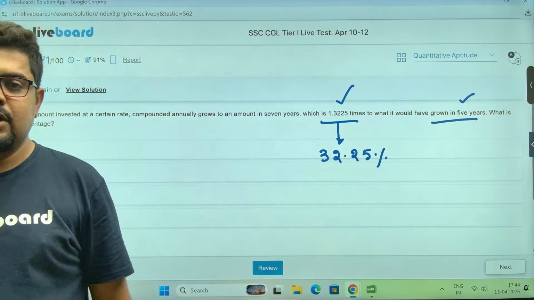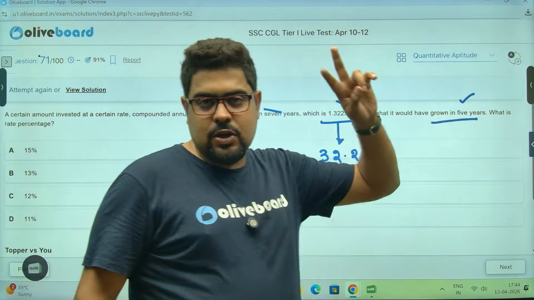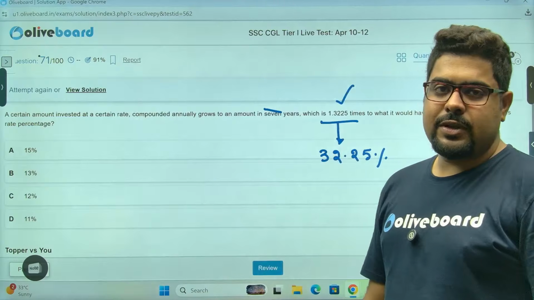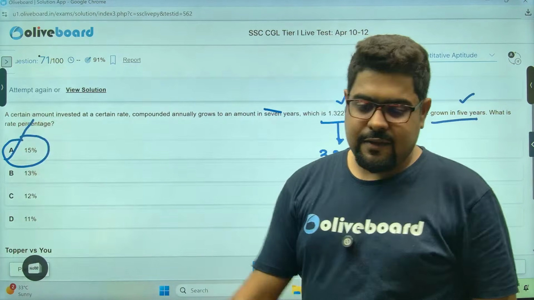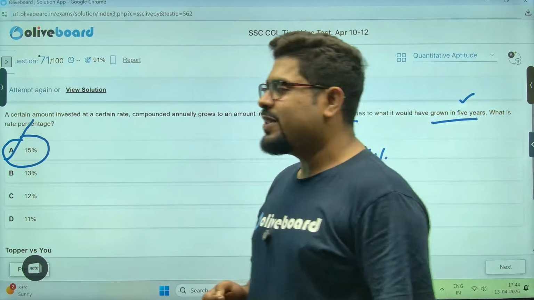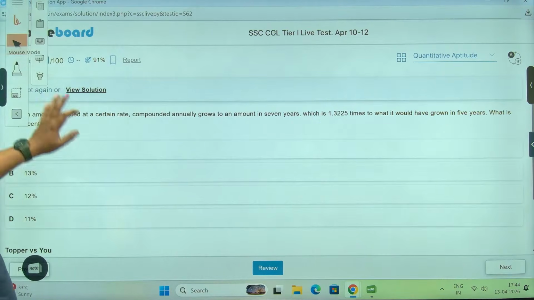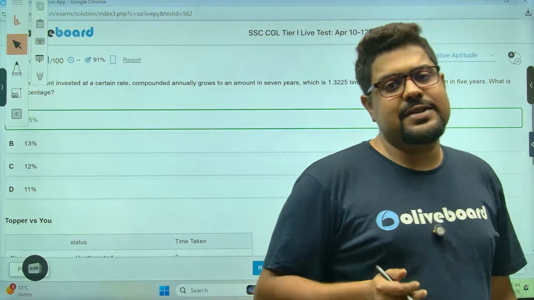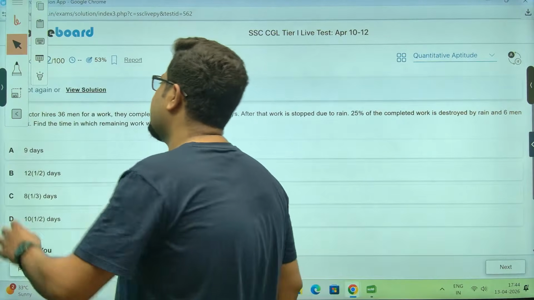Look at the options: which option, for 2 years, gives you 32.25%? Close your eyes and say 15%. 15 plus 15 is 30, plus 15 square, 225 by 100. You don't need pen and paper for this. All you need is a little bit of concept. Clear, everyone? Moving on.